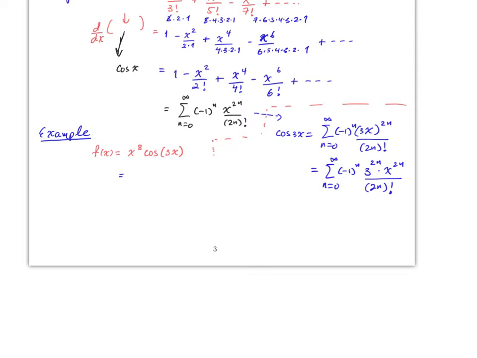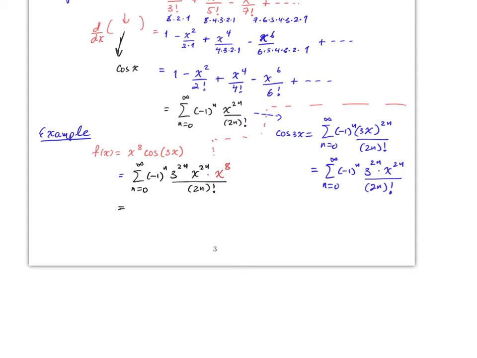if you multiply this by x to the a, all you have to do is add that to the x exponent. So therefore, this should be the sum from n equals 0 to infinity, negative 1 to the n, 3 to the 2n, x to the 2n times x to the a, everything divided by 2n factorial.